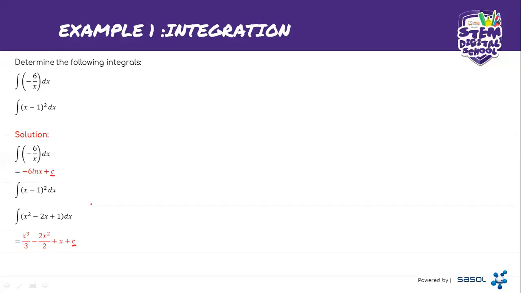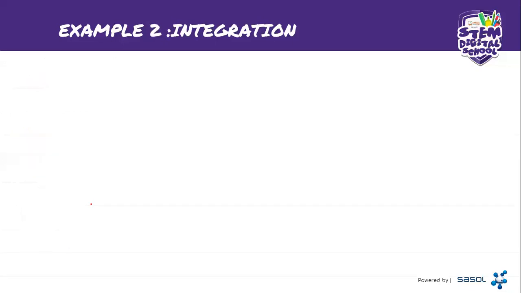Now let's proceed. We are still having other examples under integration, and let's see. All right, determine the integral of this, right? Now we can see that we're having a division sign there.